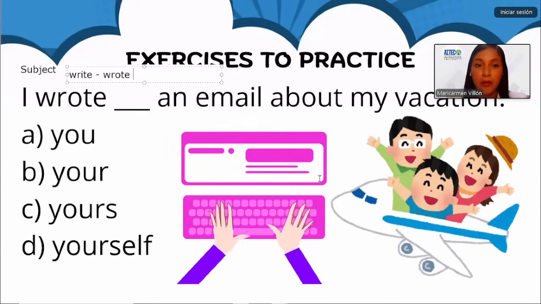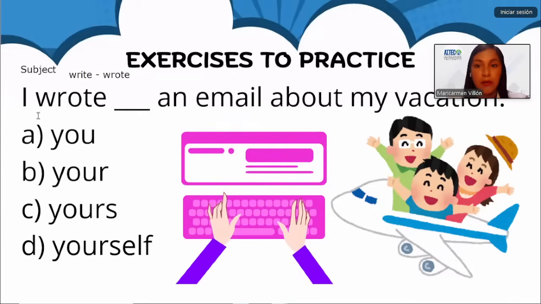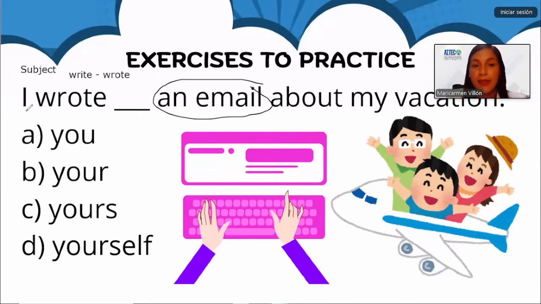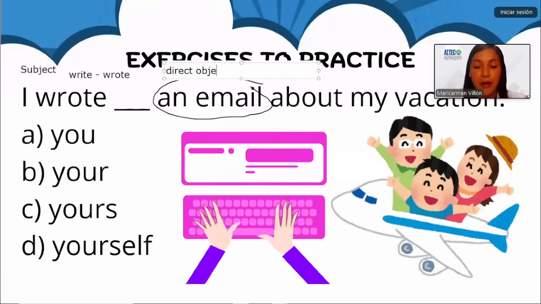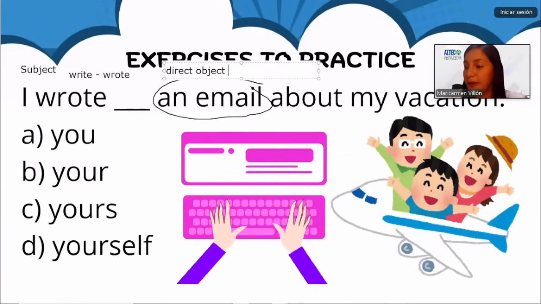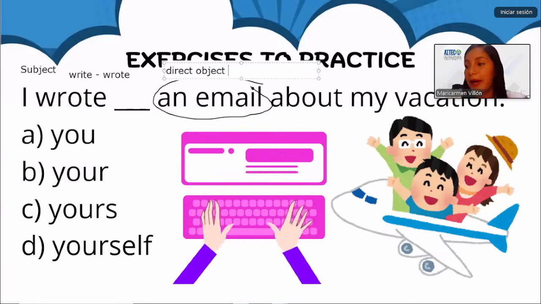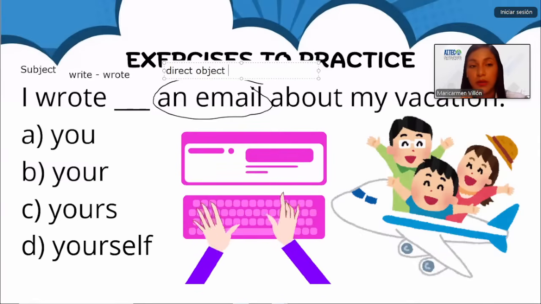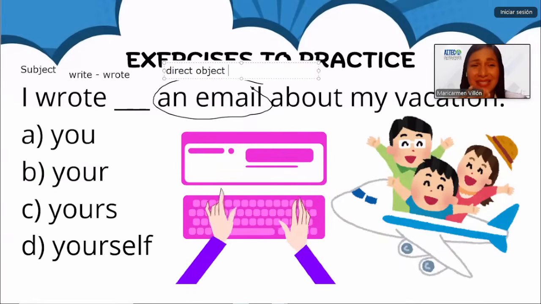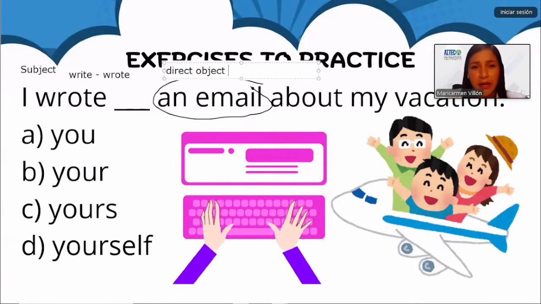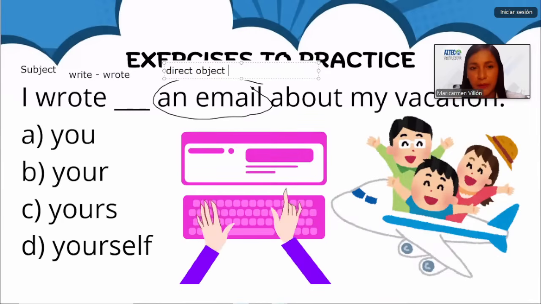An email. Ok, veamos, email. That will be the direct or indirect. This will be the direct object, right? Entonces ahí está el objeto directo. About my vacation. So ahí está complementando. Entonces, ¿qué necesito? Si direct object es el objeto de la cosa, ¿quién recibe esta acción?